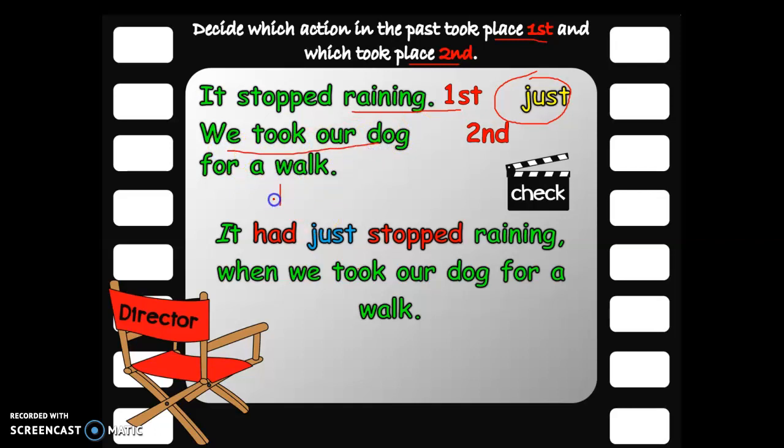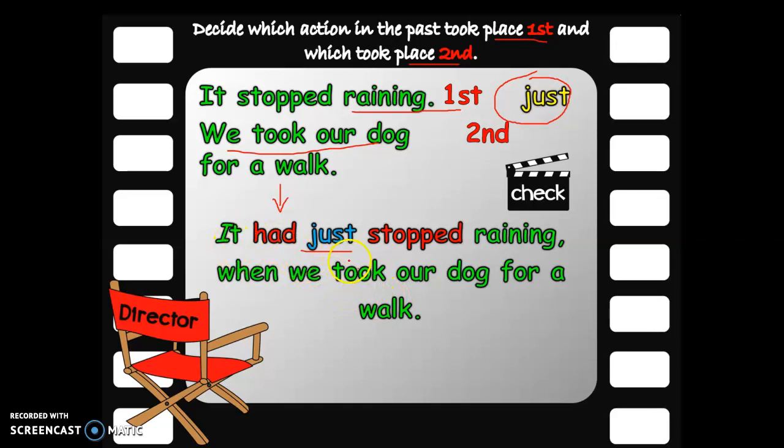Here you can see we are joining these two sentences in only one. And in this opportunity we are going to use just to emphasize that the other action started immediately after the other finished.